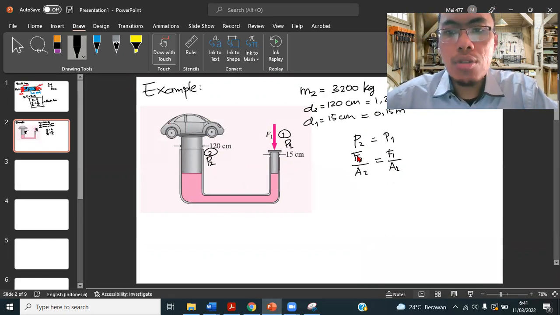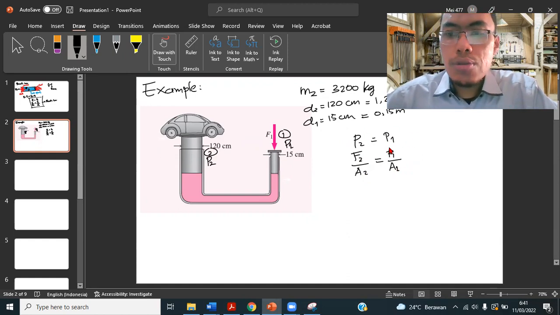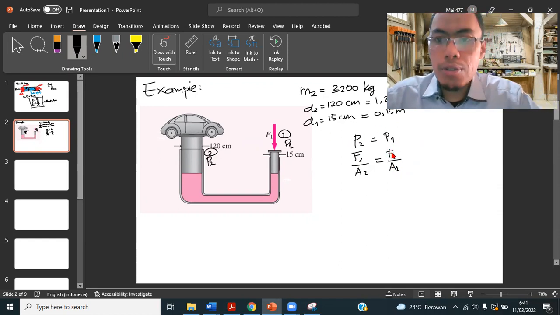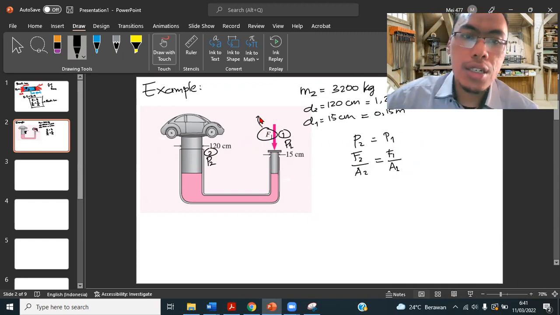Okay, now we are going to find every value of these symbols. We got F2, A2, F1, and also A1. And the solution of this problem is when we get the value for F1, because this one is the problem.